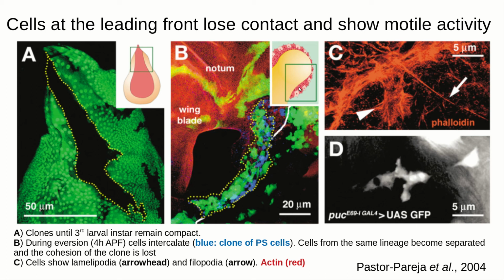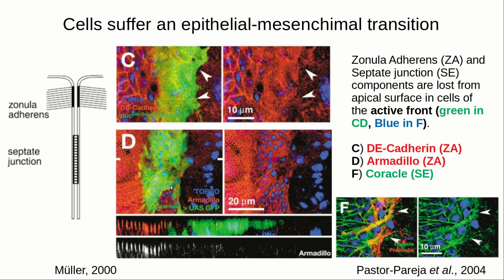So these cells in the peripodial membrane lose contact with each other, and they start generating these lamellipodia and also filopodia, and they start moving a lot. So they undergo what is called an epithelial to mesenchymal transition. Also, in the process of losing contact with each other, they start relocalizing the components of zonula adherens and septate junctions, which are the most important cell junction types that there are.